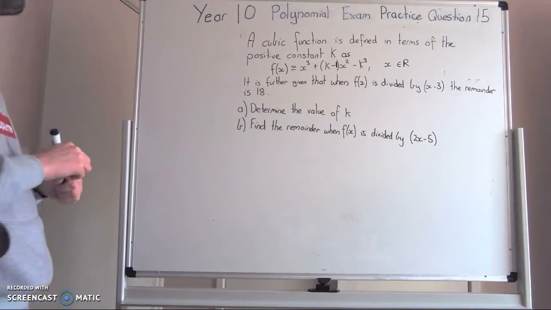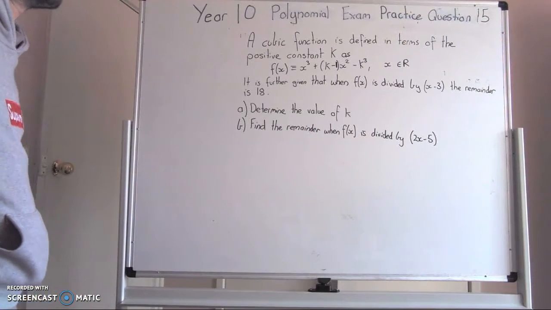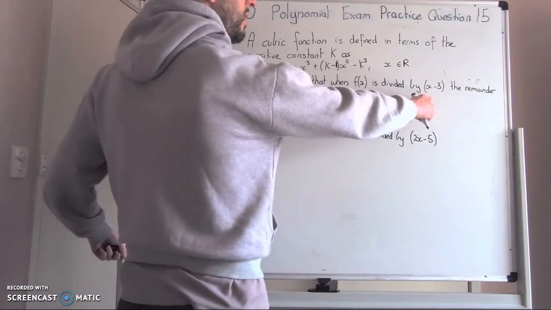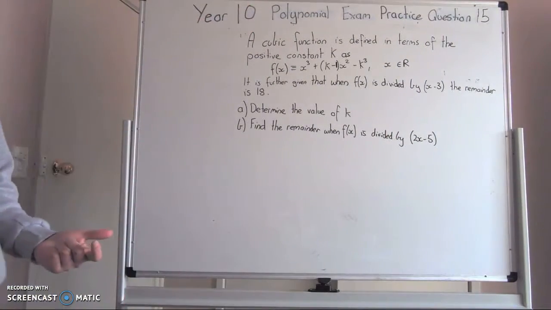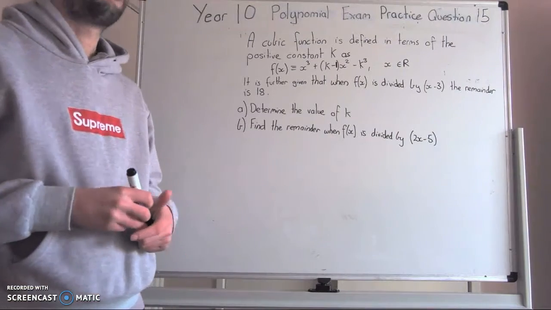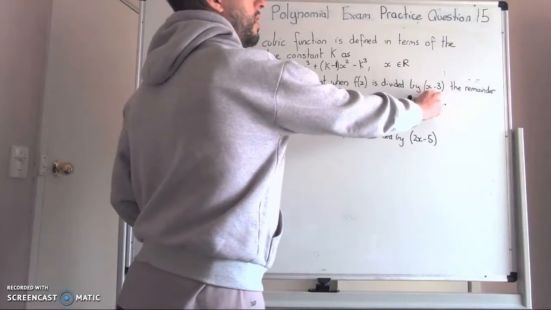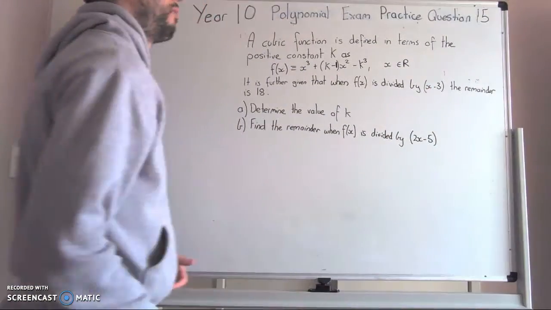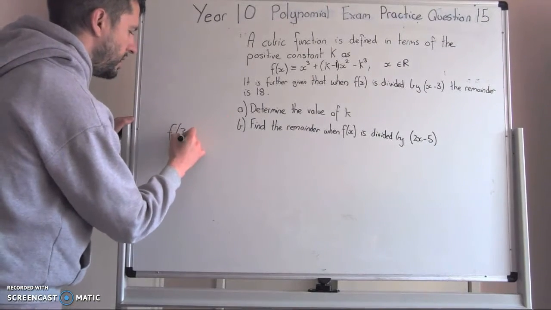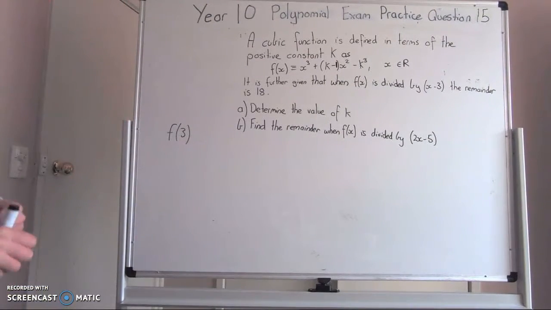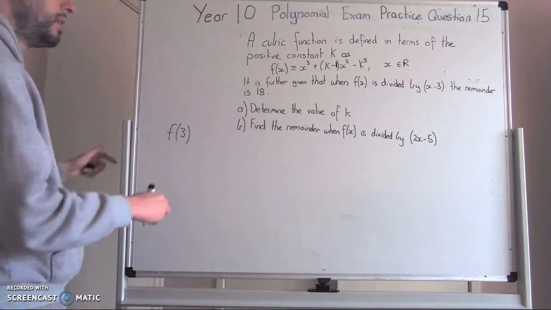So the first thing that we need to do is really understand that for this to equal 0, because that's what we'll normally do, x is 3. So, first thing I'm going to do is evaluate when x is 3. So let's have a look at that.